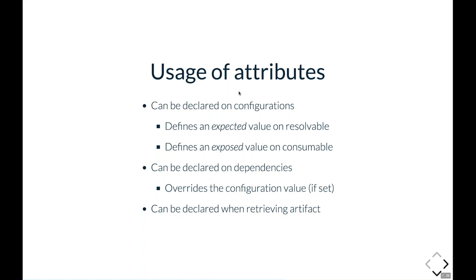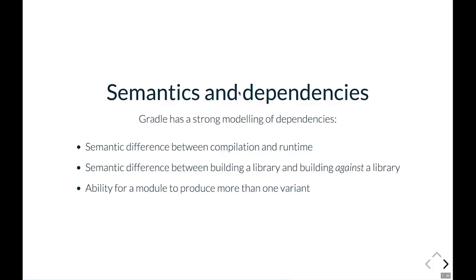And they also can be declared when retrieving artifact, which is something that's heavily used by Android behind the scene in order to transform, for example, a simple Java jar into a Dext AAR or things like that. From this chapter of the presentation, the main point we want you to come out with is that there is strong modeling inside Gradle about dependencies.